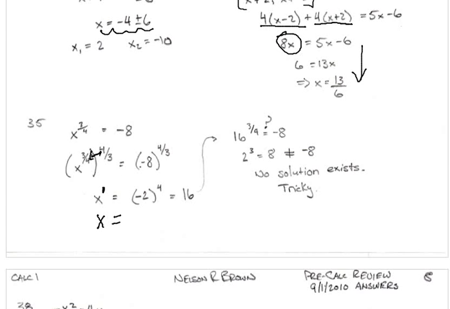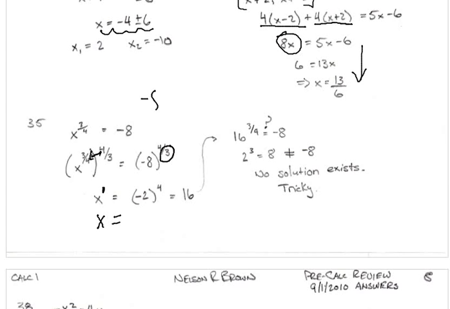That's why we would multiply by the reciprocal in the powers. So I have to find negative 8 to the 4 over 3. The denominator of a rational exponent means to find the root of that.